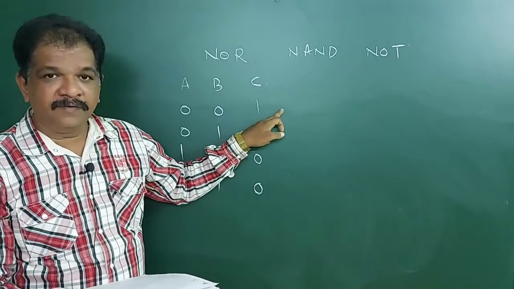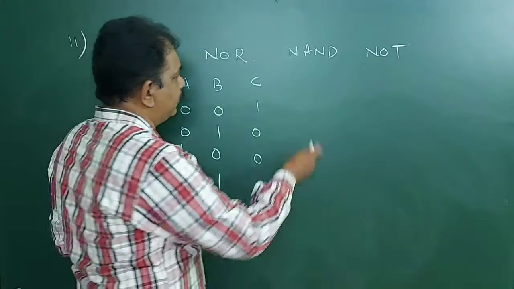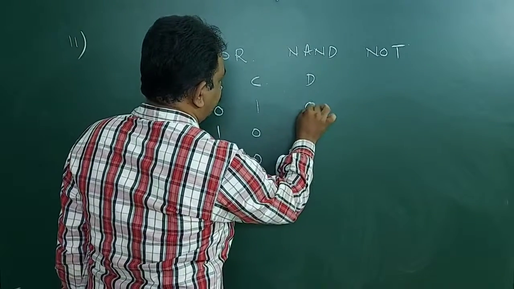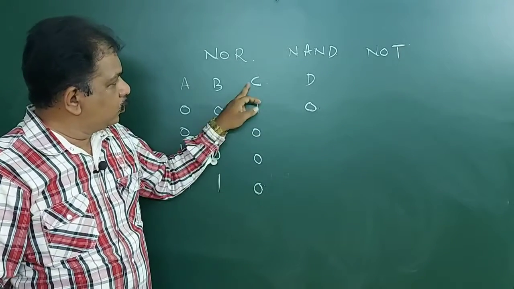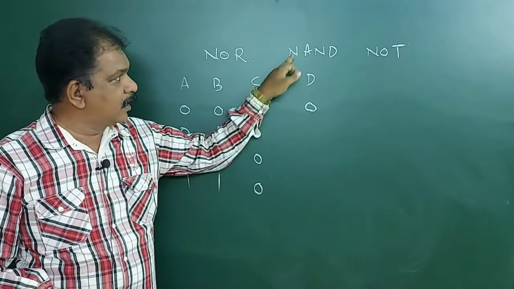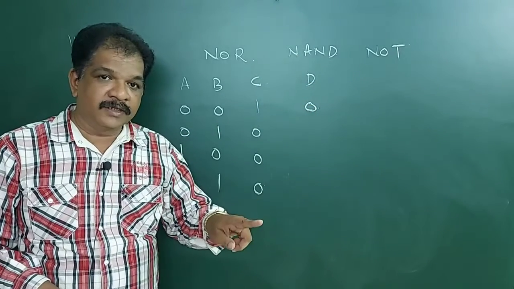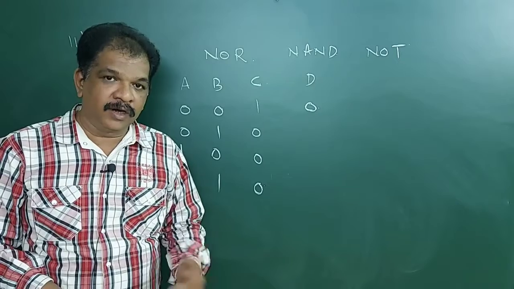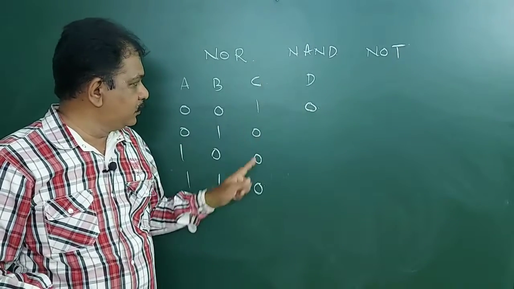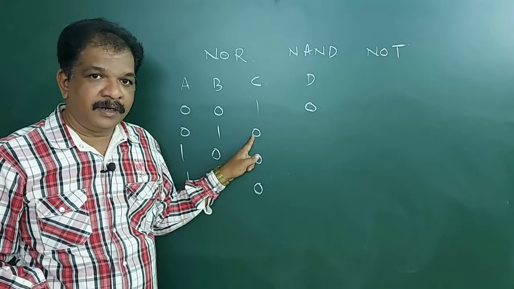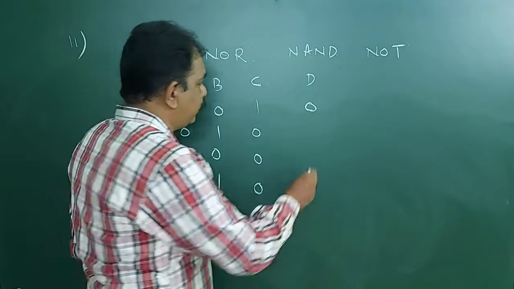Two ones applied for the AND gate means the output will be 1. So the NAND gate output will be 0. Is it understood? If it is an AND gate and two ones are there, the output is 1, because NAND gate output will be 0. Two zeros applied, AND gate output will be 0, NAND gate output will be 1.